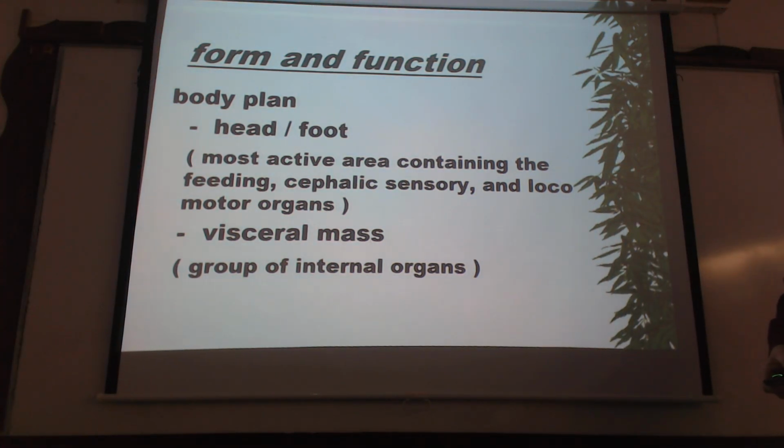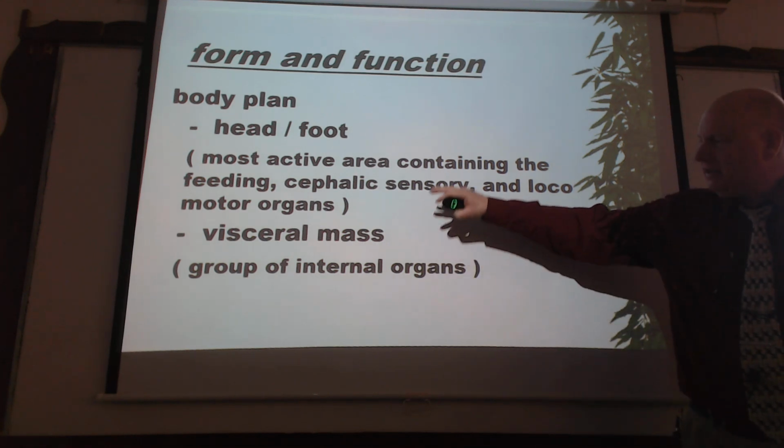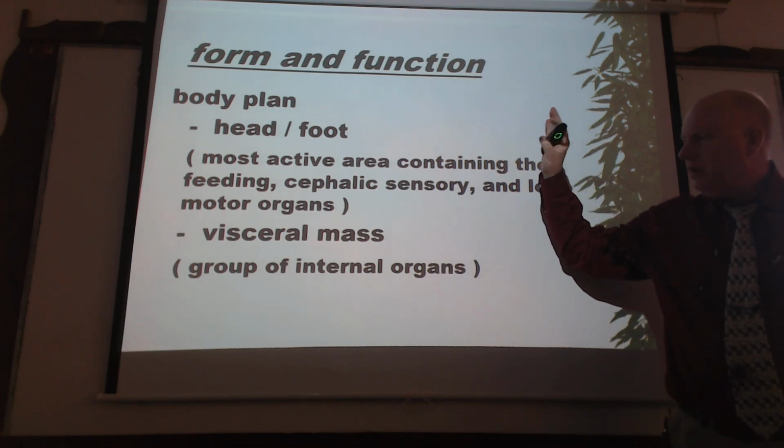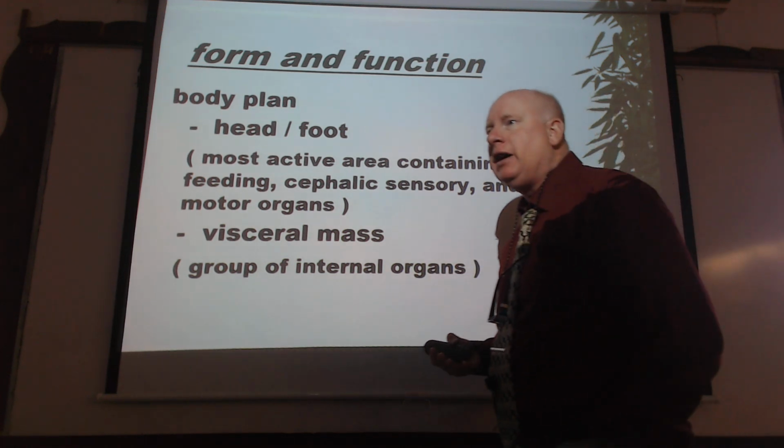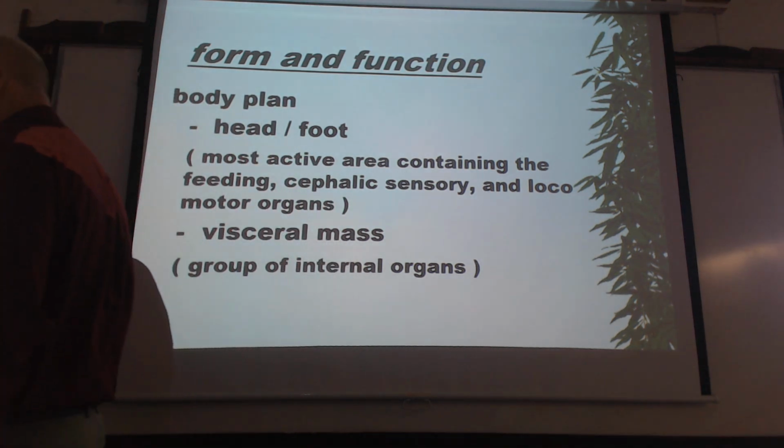so when we're talking about a visceral mass, it just means a protective structure that holds these internal organs in place. And we have something like that inside of us. It's called an omentum.